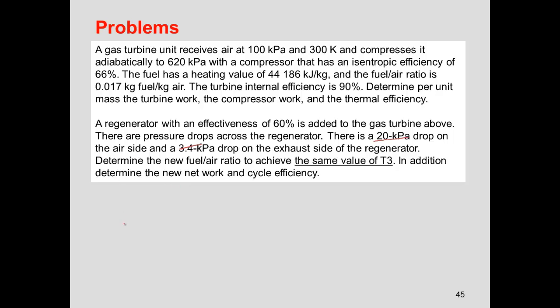So let's start by having a sketch of what we have. We have our compressor, and we receive, this is our state 1, a mass flow of air. Then we go out of this compressor into the combustor.